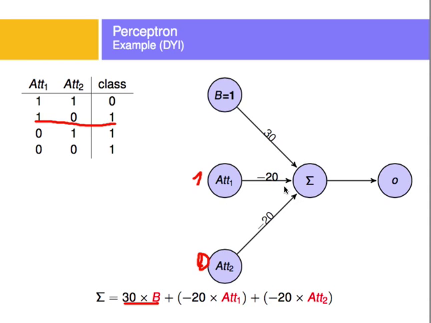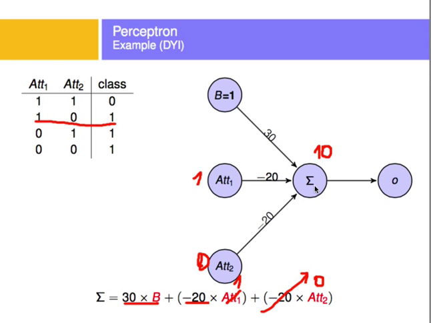Attribute 1 is 1 times minus 20 is negative 20, right? Because this is 1. And then attribute 2 is 0. So this whole term is 0. Okay? So I have basically 30 minus 20. That is positive 10.